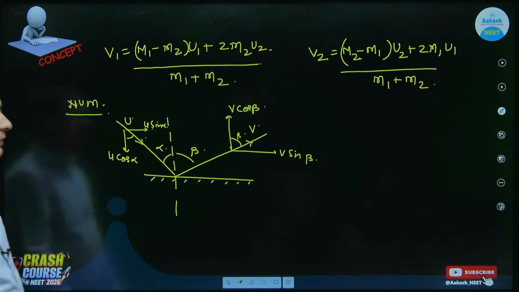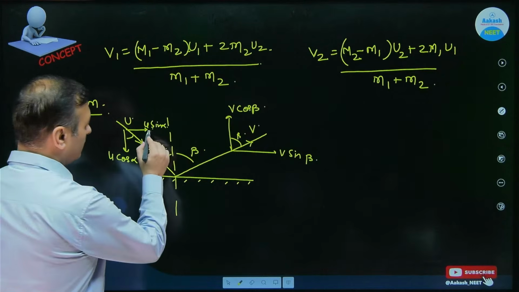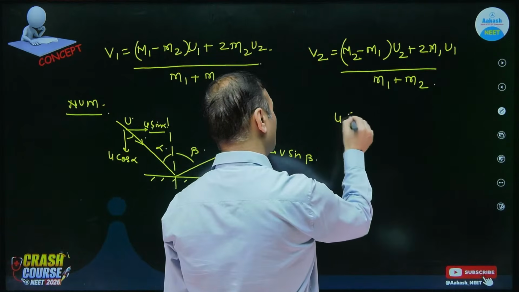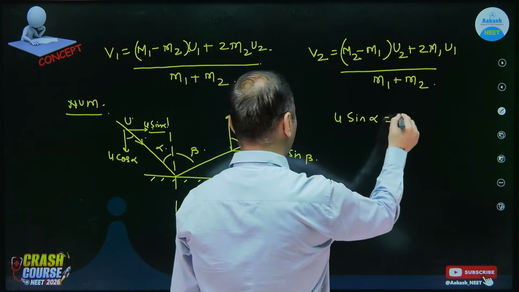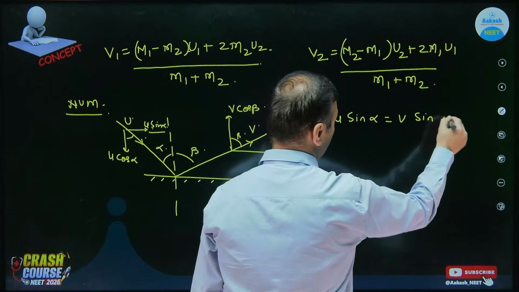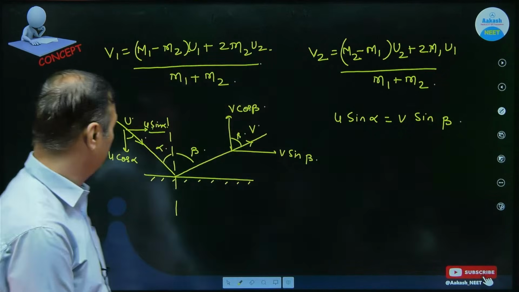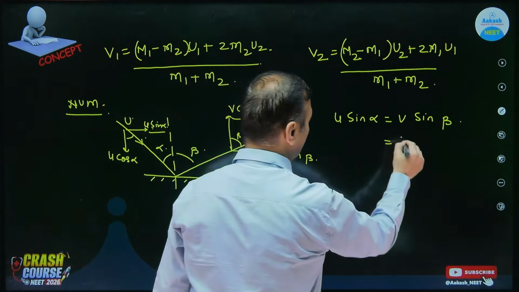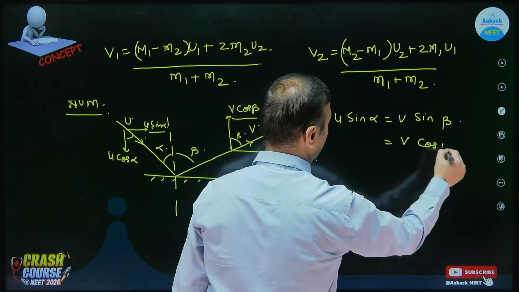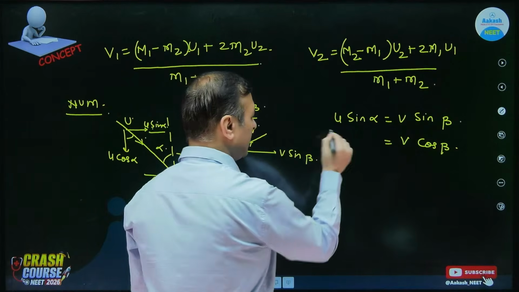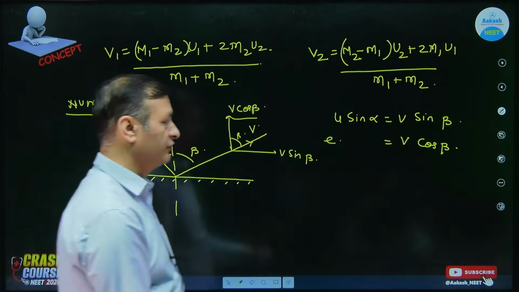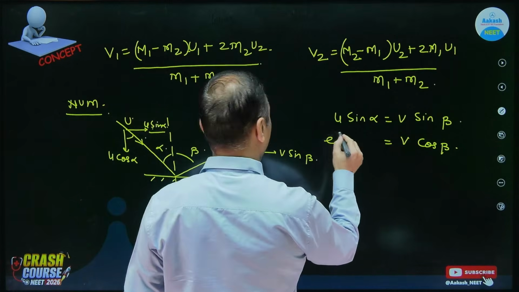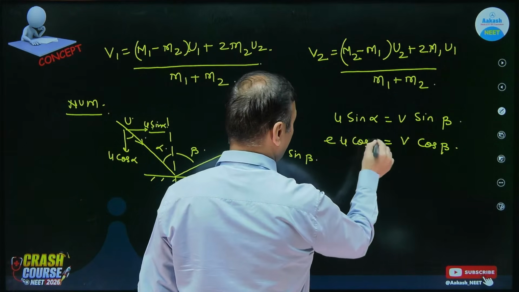Now, the component which is along the surface will not get altered. So u sin alpha is equal to v sin beta. This is the first equation. Then this part, v cos beta, is e times u cos alpha, where e is the coefficient of restitution.